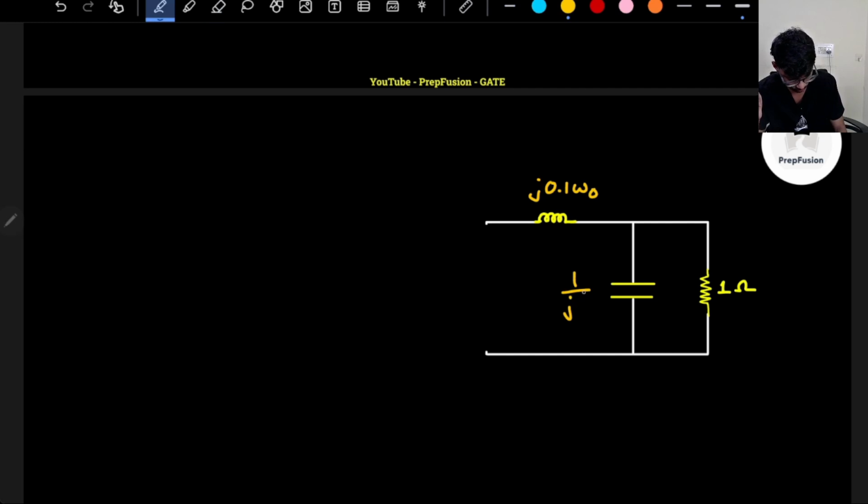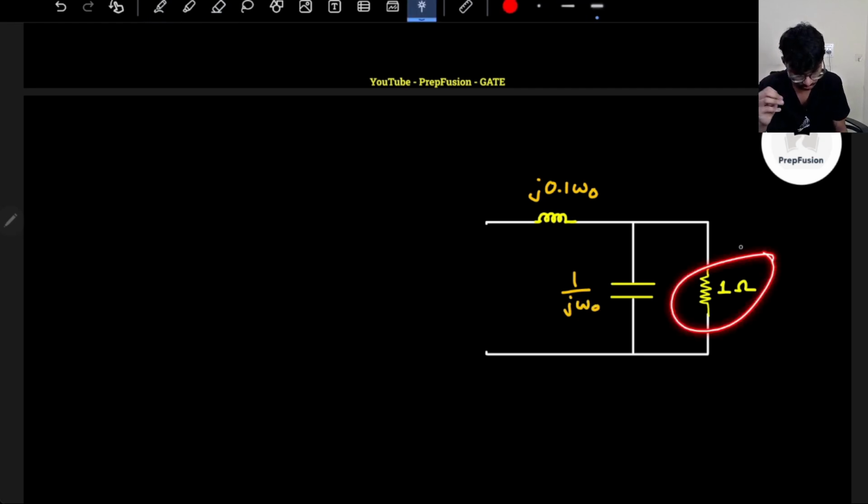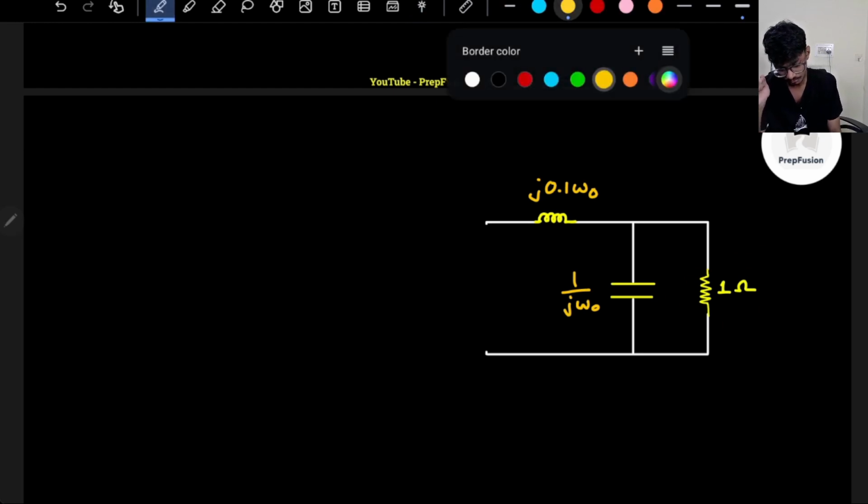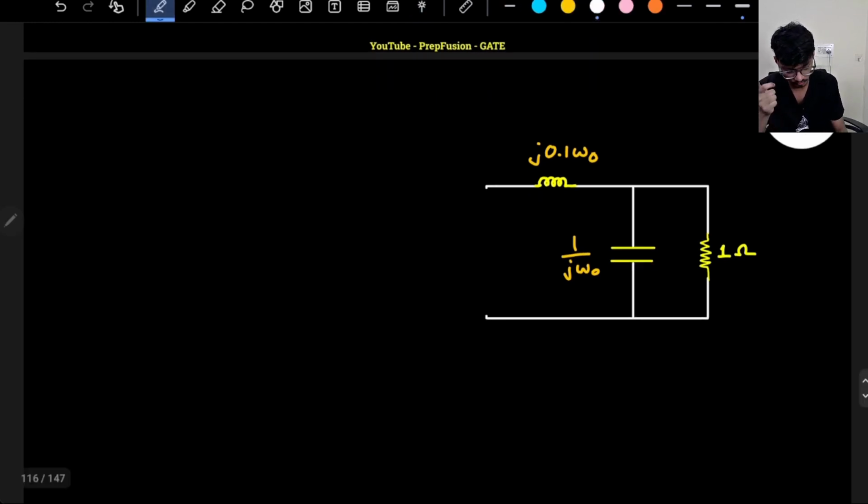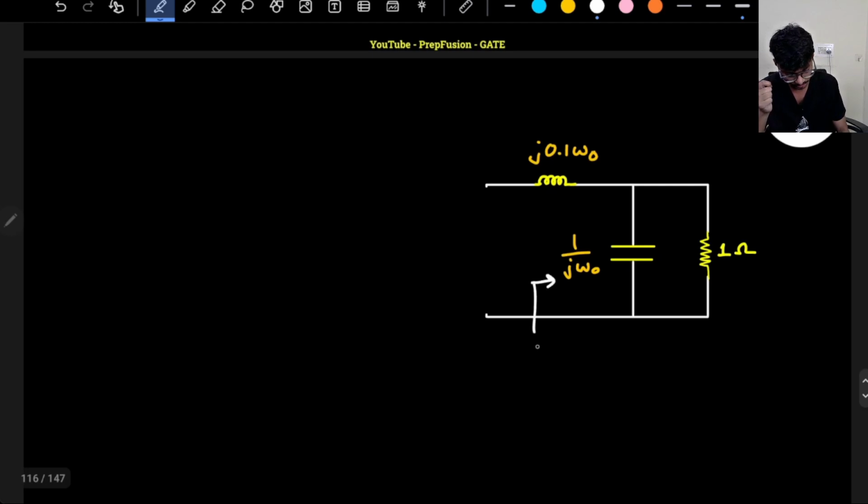So c is 1, so this will be 1 by j omega naught only, and this is R equal to 1 ohm. From here I can directly say what the equivalent impedance Z dash is. Then I will just simply add this, right?